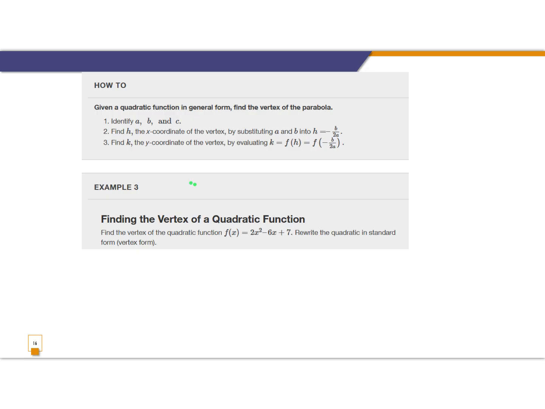How to, given a quadratic function in general form, find the vertex of the parabola. I've already talked about this. General form is f of x equals ax squared plus bx plus c.